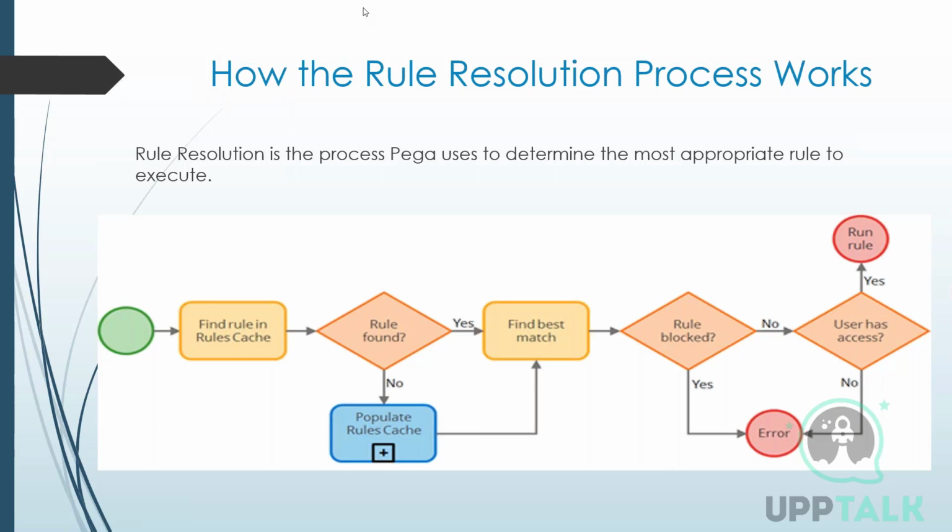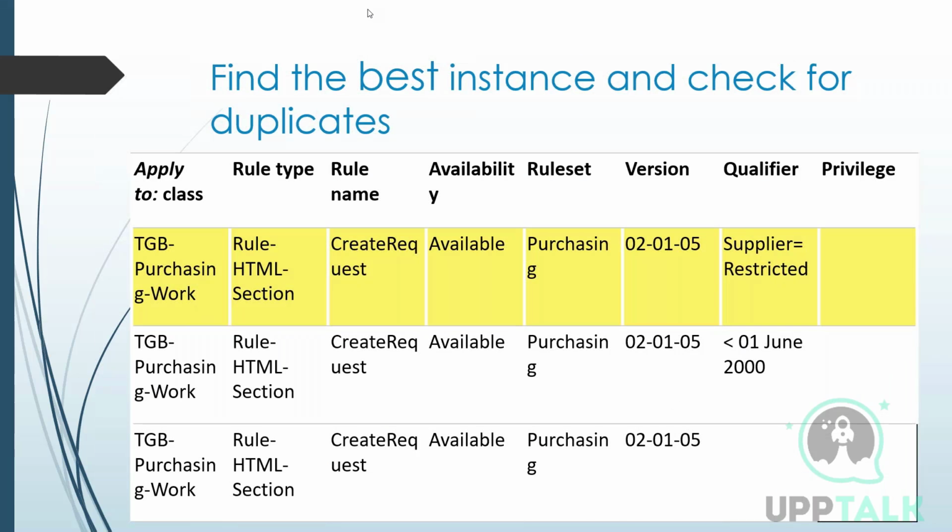So the first one is finding the best instance. What is the best instance here? Of the 3 rule candidates, I see 2 of them are related to circumstancing and one is the base rule. For example, the first one is based on a qualifier: some supplier is equal to restricted.